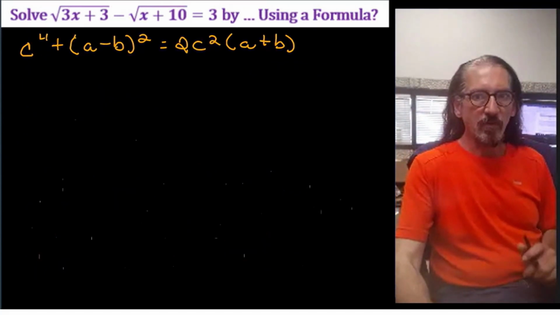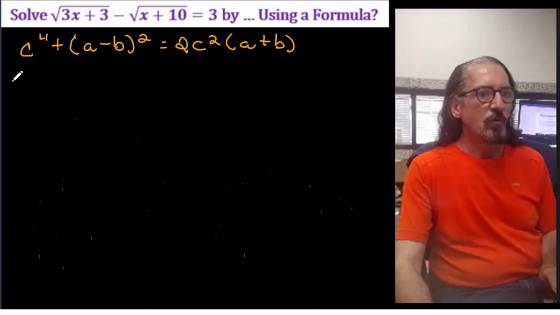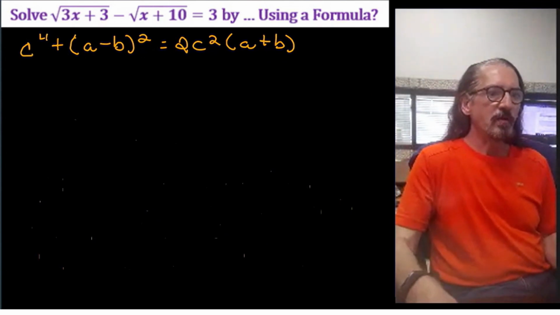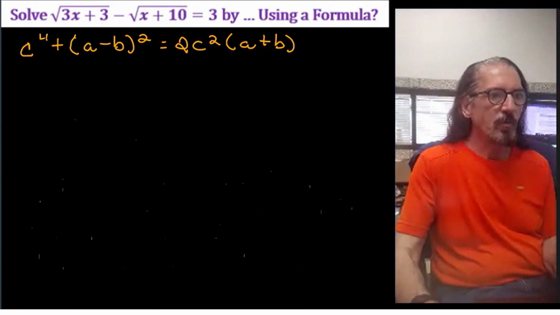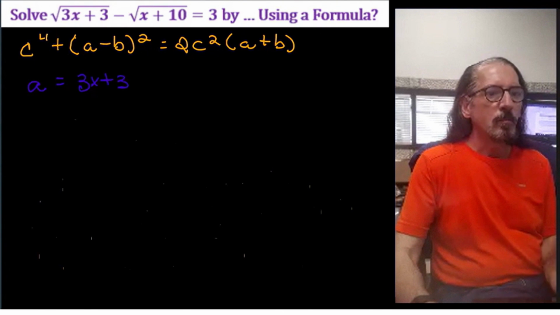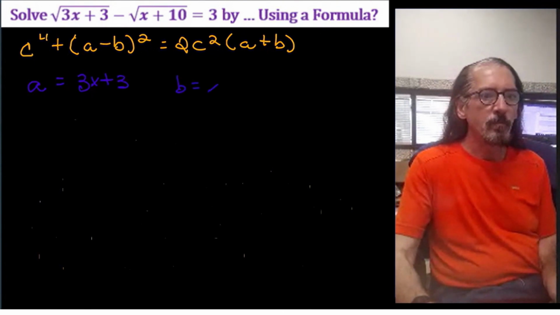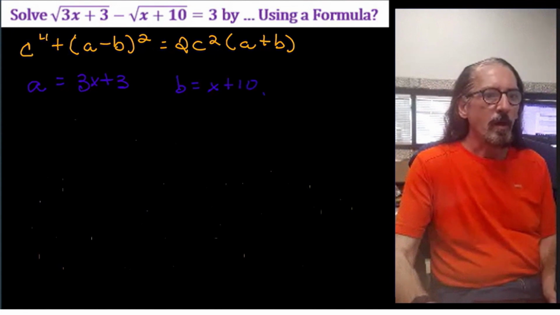All right, so I've stated that the equation that was given was in the form of case 2, so that we have that a is 3x plus 3. B is x plus 10. And c is 3.